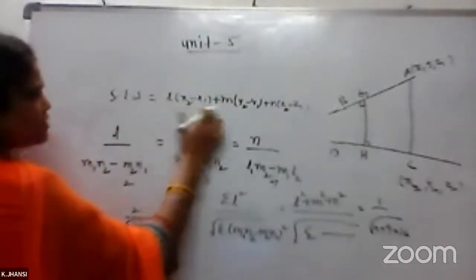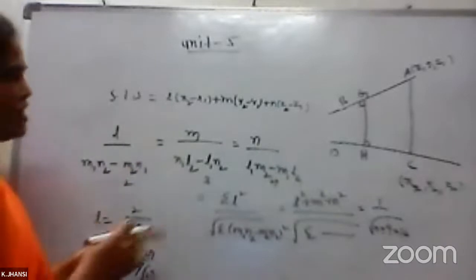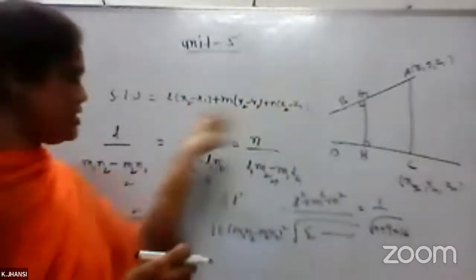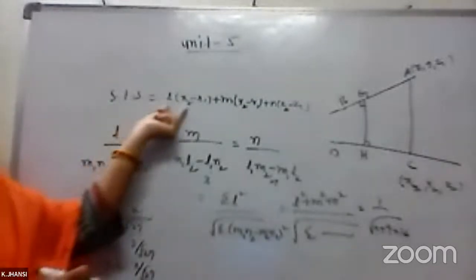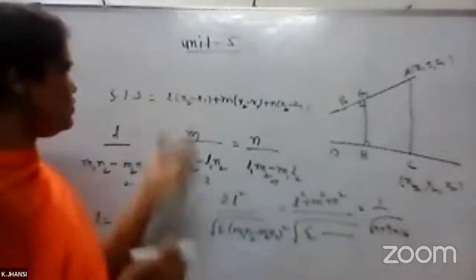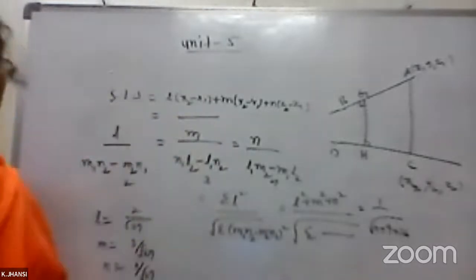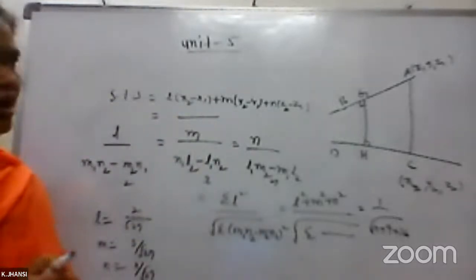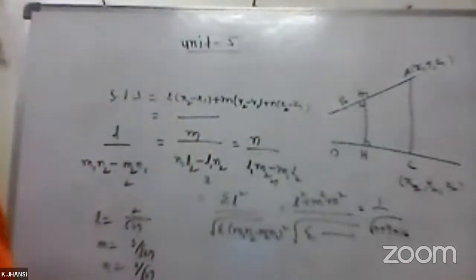Here x2, x1 are the points from the two line equations, and l, m, n are these values. When you substitute and simplify, you will get an answer, which is called the shortest line segment of the given two lines. The problem will be asked for finding the shortest line segment.